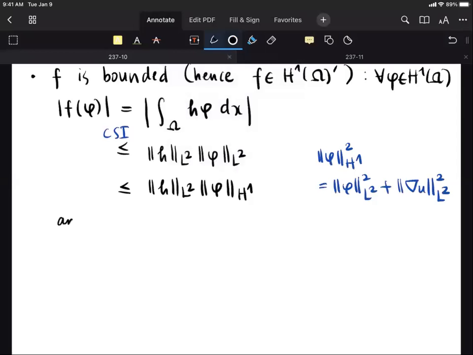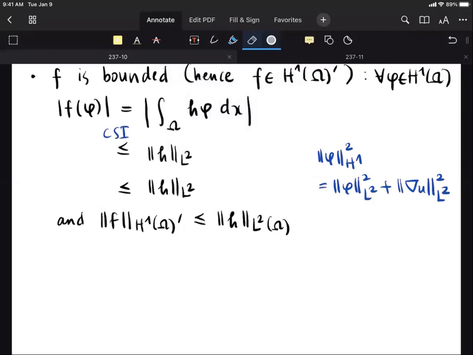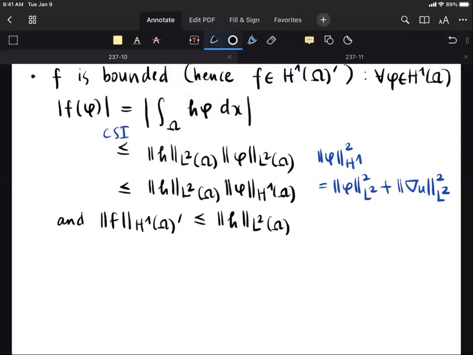Hence, from this inequality, we can also see that the dual norm is less than or equal to the L2 norm. For consistency, let us put the domain in the L2 space and also in the H1 space.